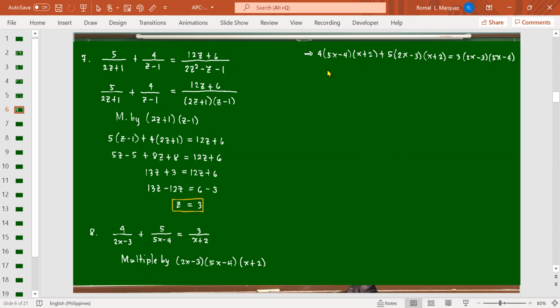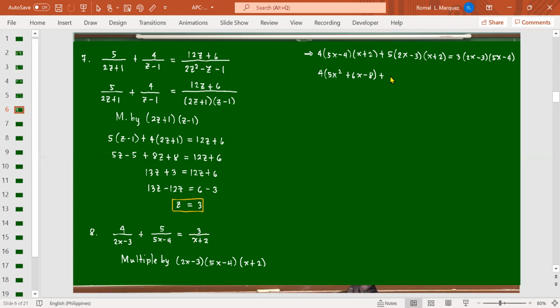Okay? So let's distribute 4 inside, getting 20x minus 16. No, sorry. Let's multiply first the binomial so that we can easily simplify. This is 5x squared, then negative 4x, positive 10x, positive 6x, then minus 8.